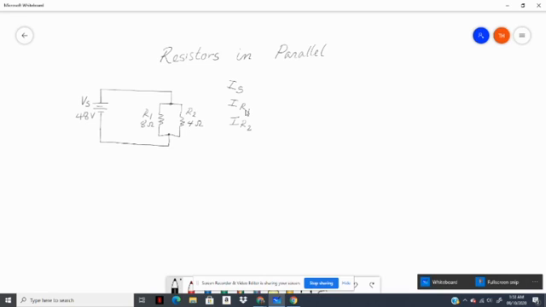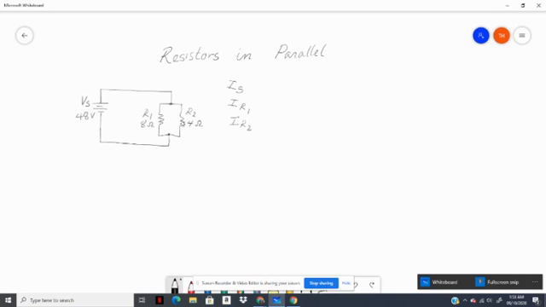Now before we do some calculations, let's look at some characteristics of this circuit. In a parallel circuit, the current is divided in proportion to the resistors, with the larger current flowing through the smaller resistor, and the smaller current flowing through the larger resistor.